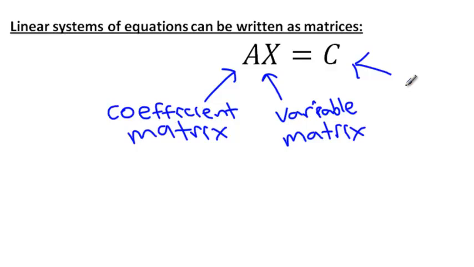This one was a coefficient. This is going to be what we call our constant matrix. I ran out of room. So we have our coefficients, our variables, and then our constants. That's how we set these things up. That makes no sense yet. Don't worry, it will. I'll come back to this.